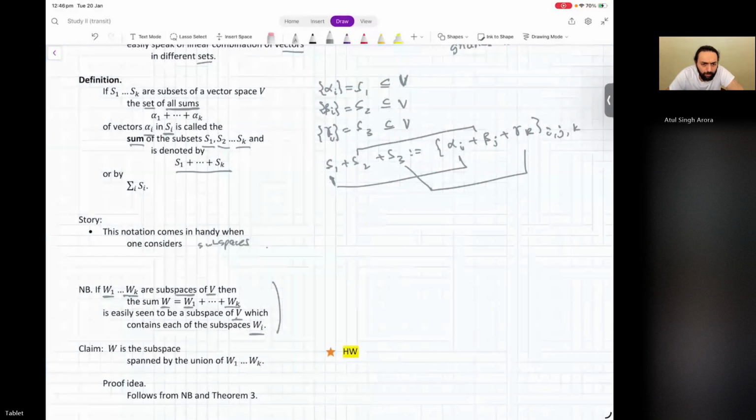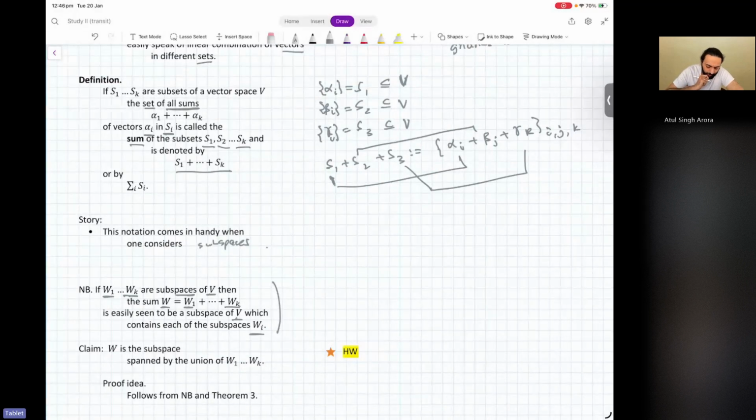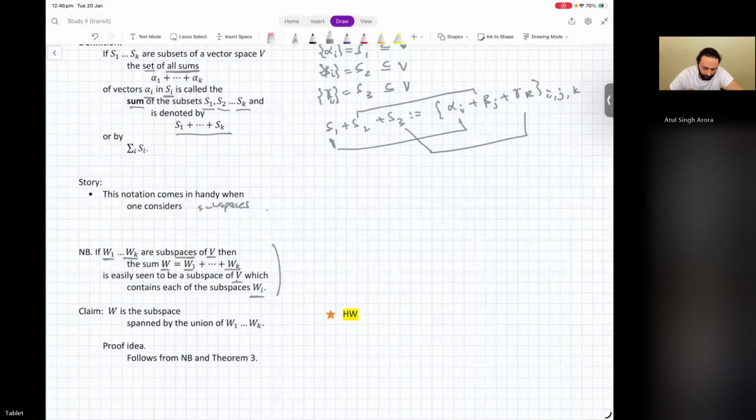Yeah, sure. Okay. So how do you see this? I'm trying to see how to prove this, that if W1 to Wk are subspaces, then we want to show that the sum W contains each of the subspaces Wi.